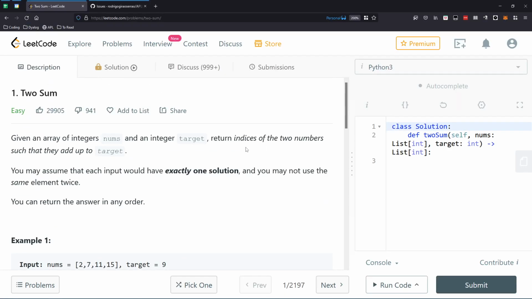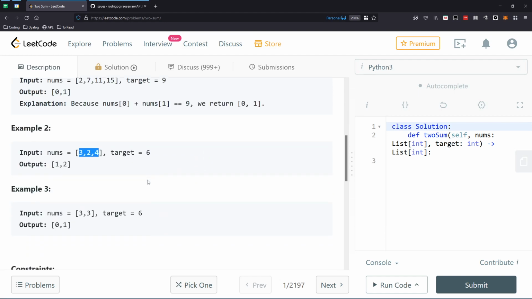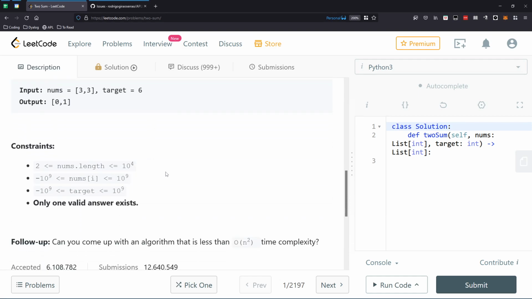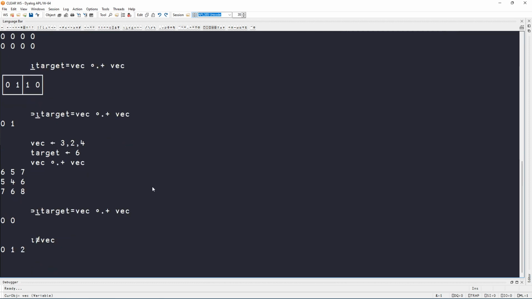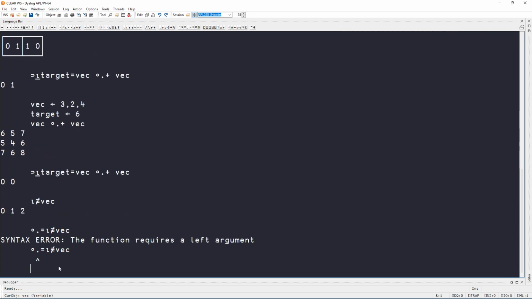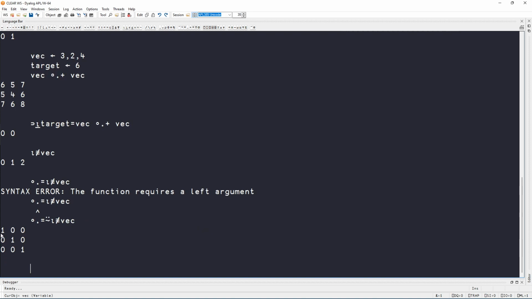So how can we fix this? The obvious way would be to get an iota of the tally of the number of elements we have, and now we do another outer product, but this time we do an equals, with a commute, and this is the diagonal, which is what we do not want to include.